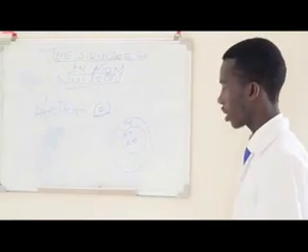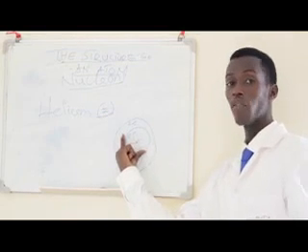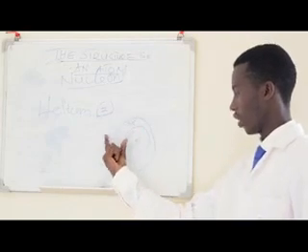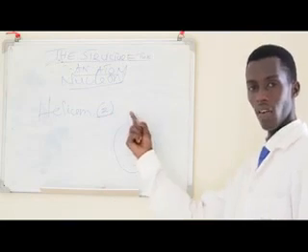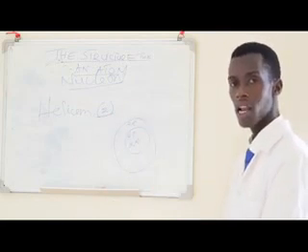So this is what is supposed to be done. Indicate the constituents of the nucleus. In the nucleus we have nucleons, which are protons and neutrons. Then around the nucleus we have the energy level. On the energy level we have the electrons, which are negatively charged.